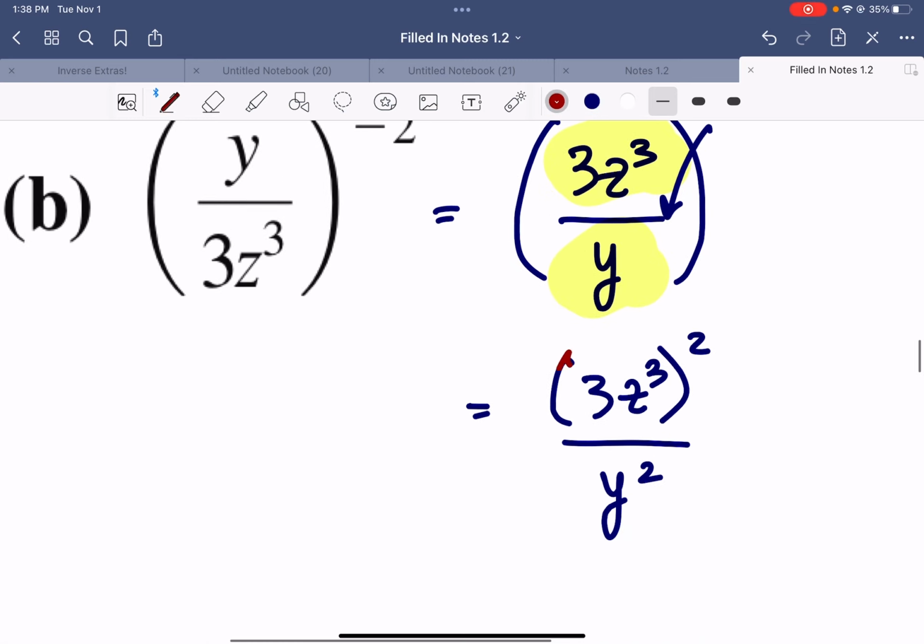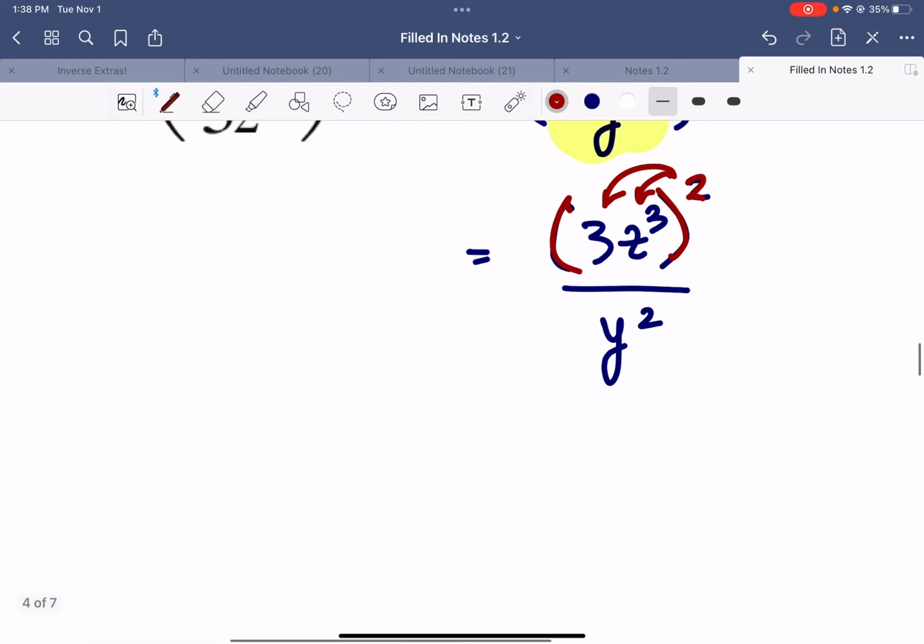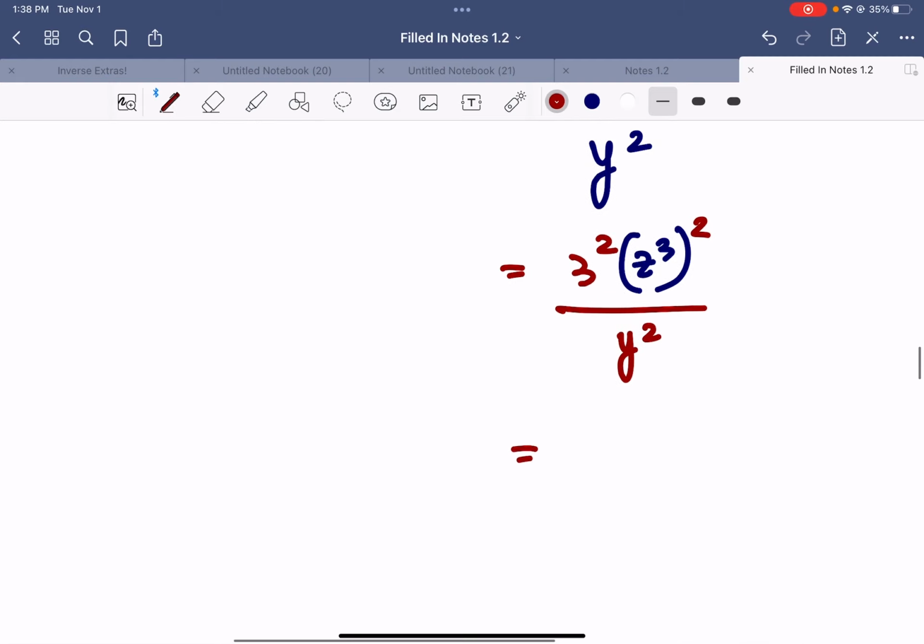But then on top you have stuff multiplied to the second, so you can distribute it through, and it gives you 3 squared, and then z cubed gets squared over y squared. But then if you have z cubed and then you square it, you just multiply those exponents and get z to the sixth. But then you know that 3 squared is just 9.